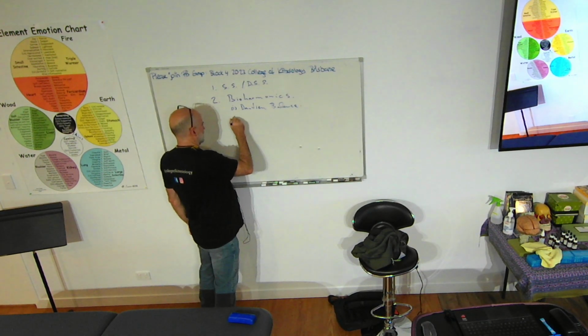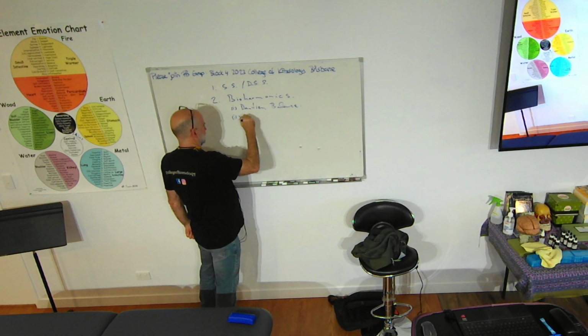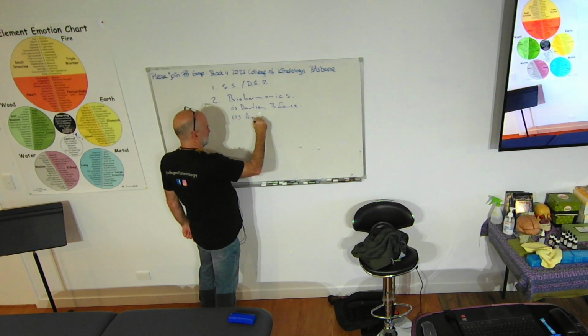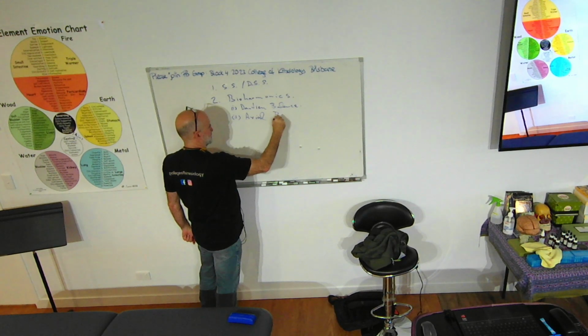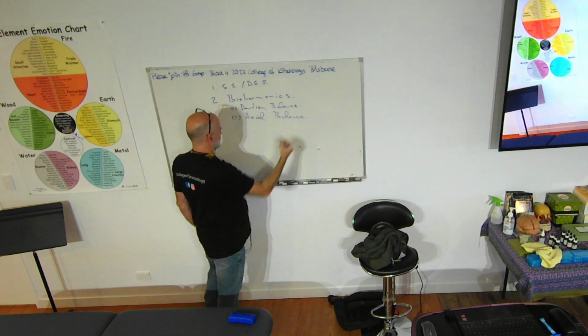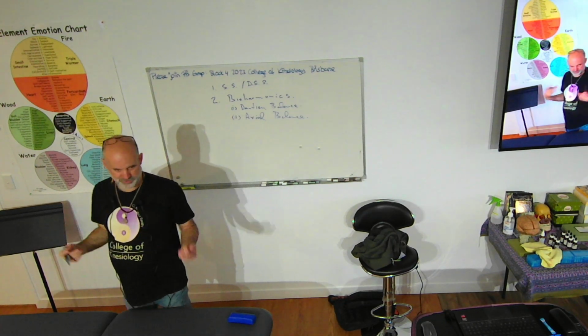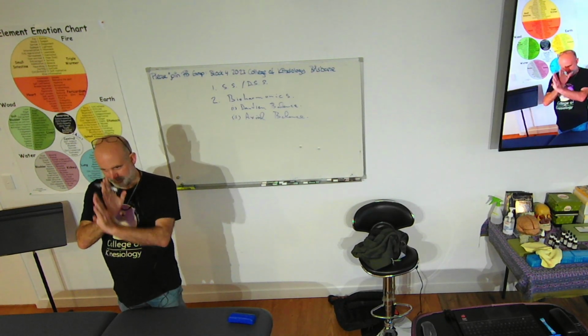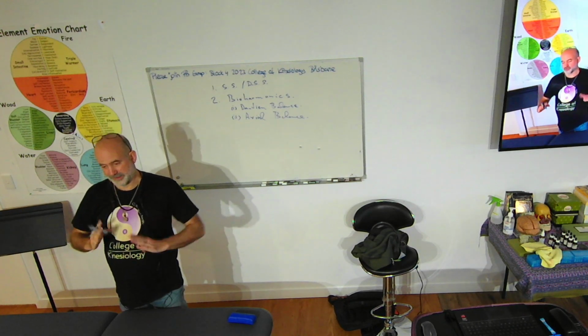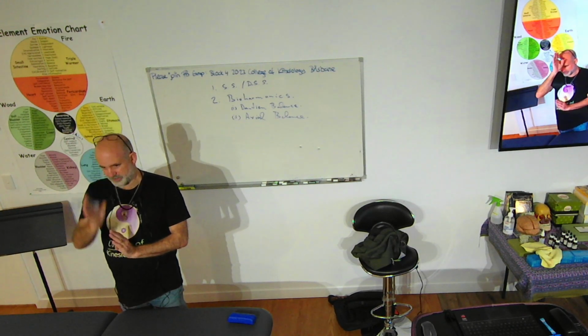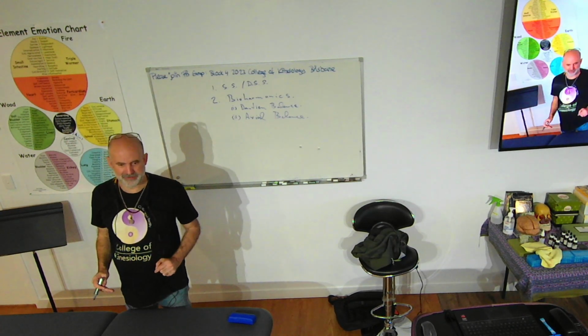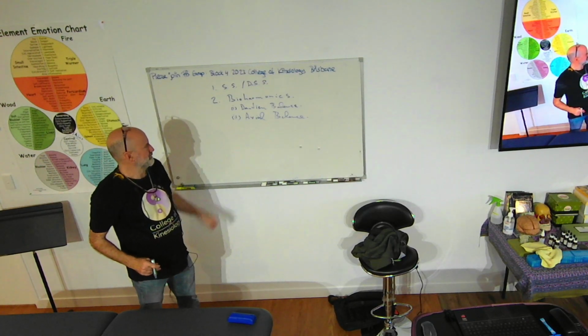And then the second part is the axial energies, axial balance. That's looking at the microcosmic orbit and the celestial circuit and things like that. They're like electrical, the kundalini. They're energy circuits that move straight up and down the spinal axis. So that's first, that's second.